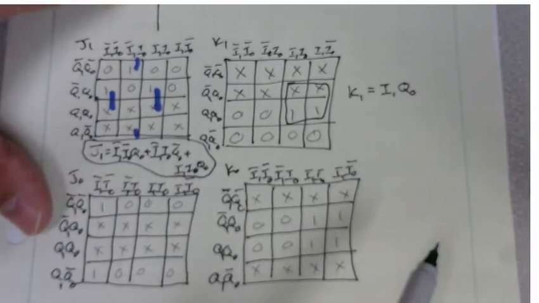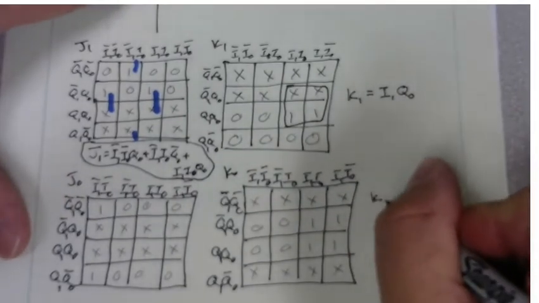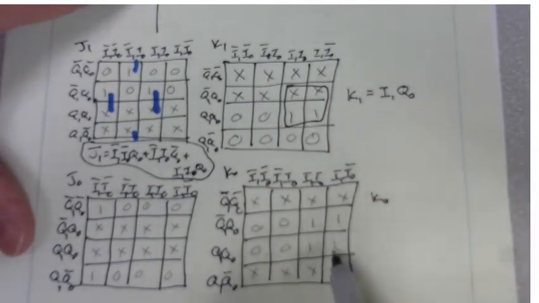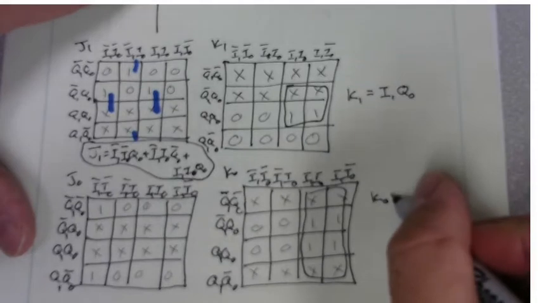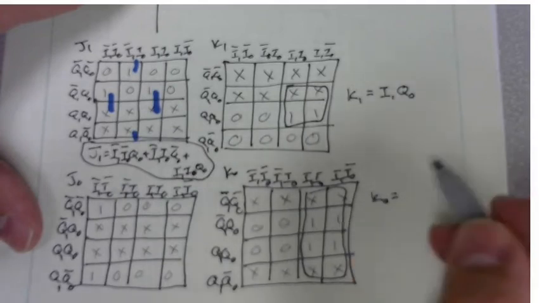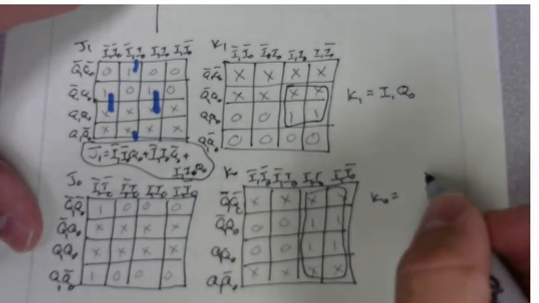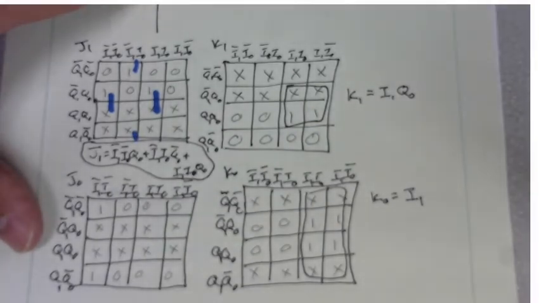Down here for our K0, this one's even better. There's those 4 ones we could circle, but we could also circle all 8 of those. Of course, we could circle more X's, but there's no need. We only need to circle the ones, and X's we can treat as ones or zeros, whichever best suits us. And K0 in this instance is just going to be I1, and that's it.